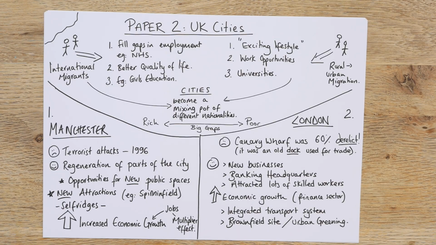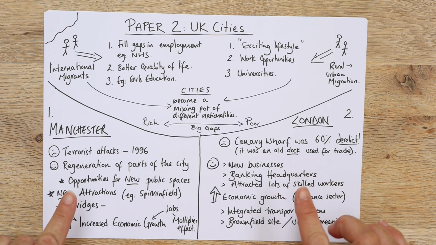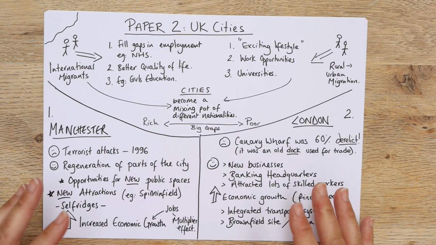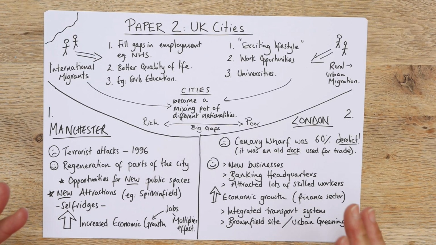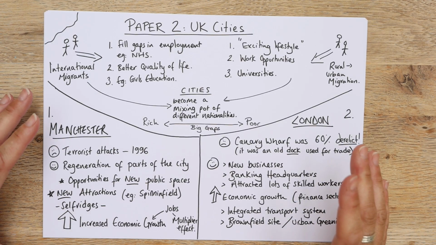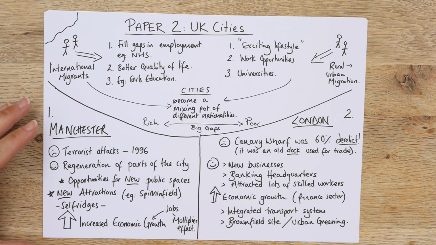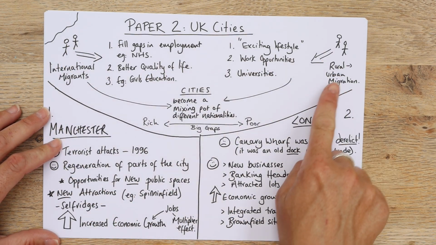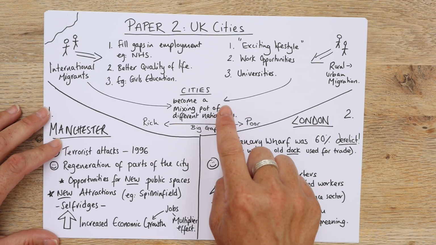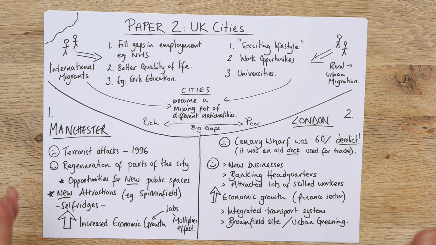I think that just gives you the key information that you need for those two cities. But remember, if these aren't your cities, and you were taught, say, Leeds or Liverpool or Southampton or Brighton, if you're one of my students, remember this top part here absolutely links to your city too.